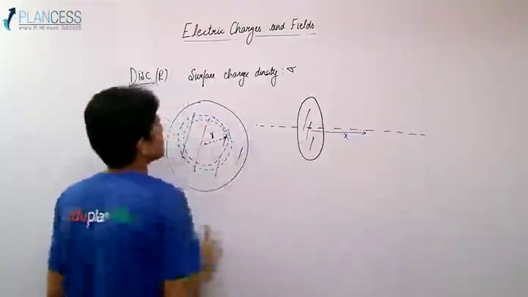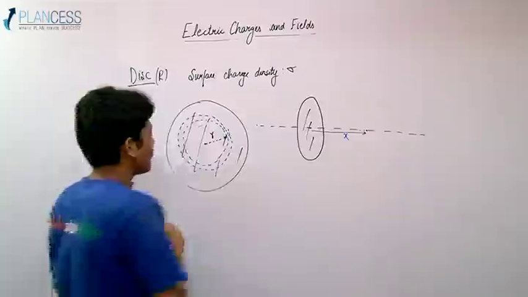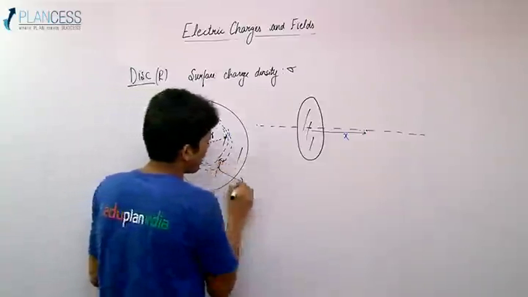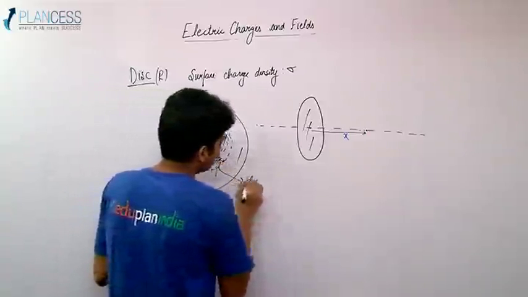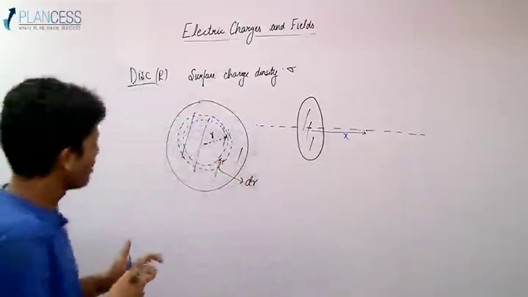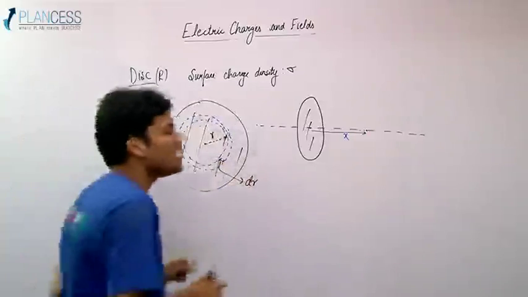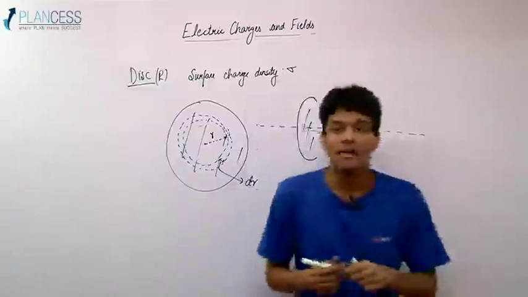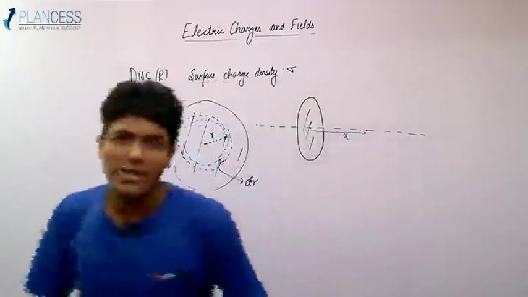This ring is taken at a distance r, and the width of this ring is basically dr.